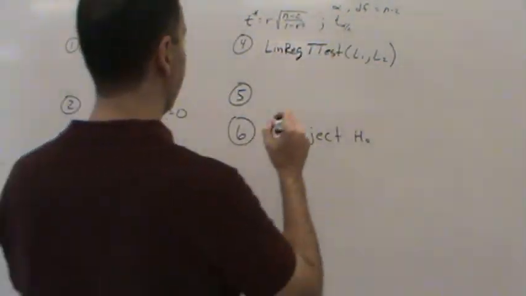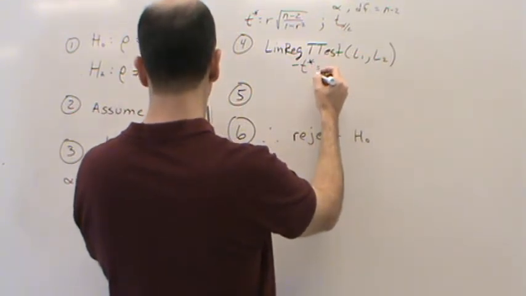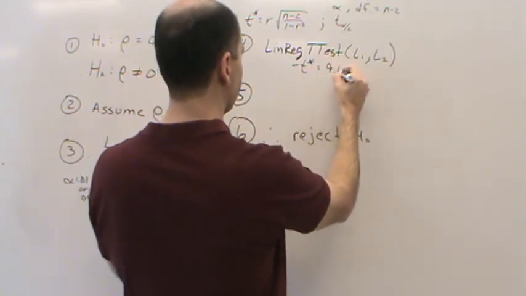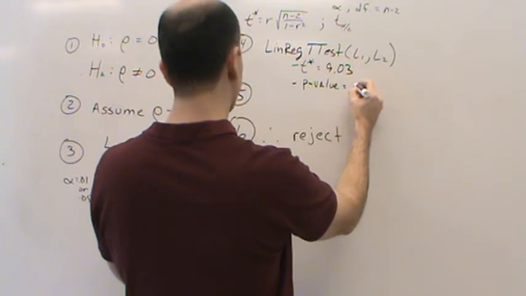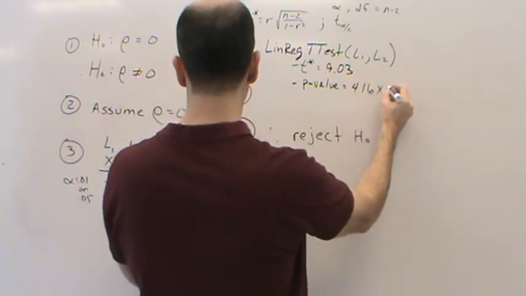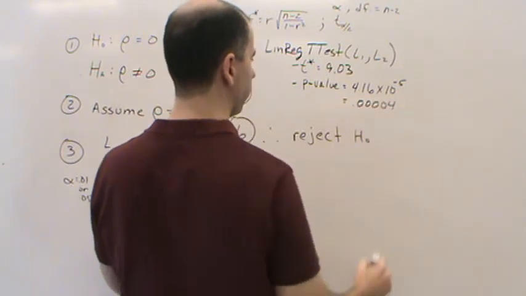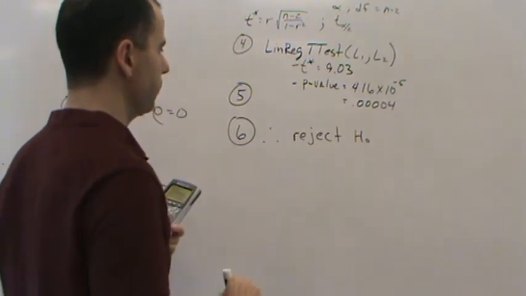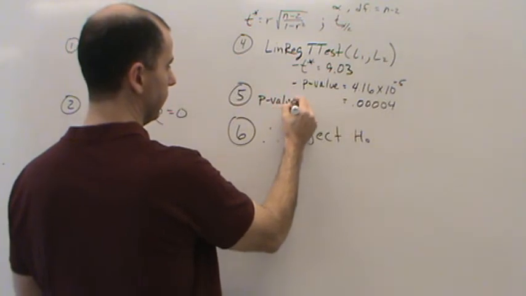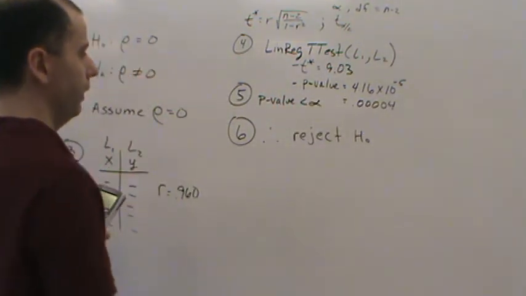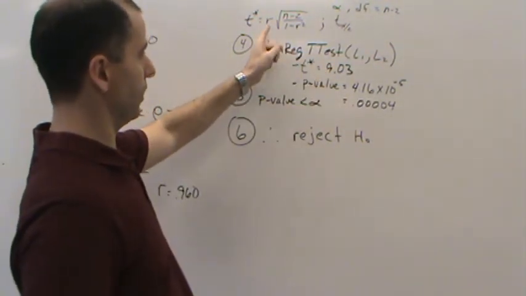So T star is equal to 9.03, and our p-value is equal to 4.16 times 10 to the negative fifth, which is equal to 0.00004. Now we can just use the p-value method. Our p-value is definitely less than alpha, and so again, we're going to reject. Now, the t-statistic is the same t-statistic that you would get from here.